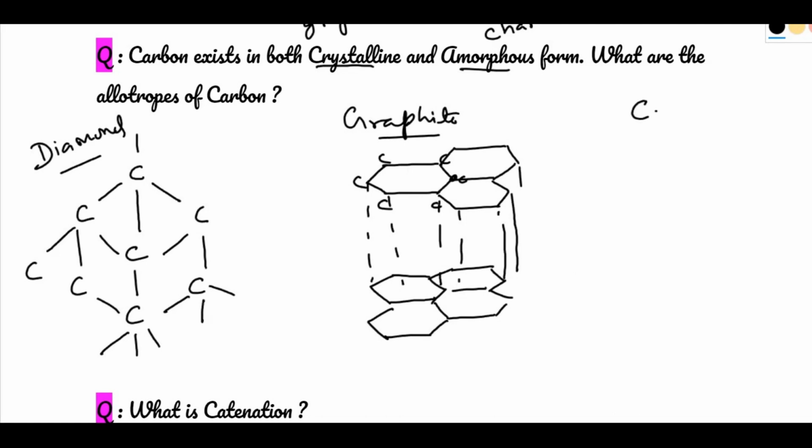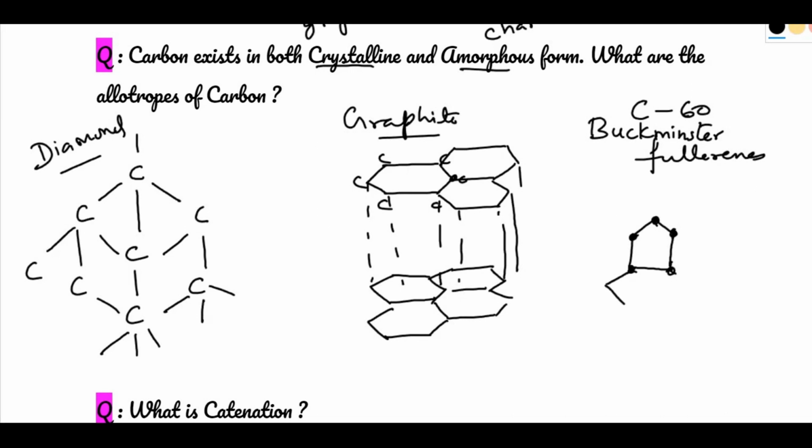About Buckminster fullerenes, that is carbon 60. There are 60 carbon atoms in it. On the vertices of every pentagonal structure you have the carbon atoms. So every pentagon is connected to hexagons, and like that these structures are made.